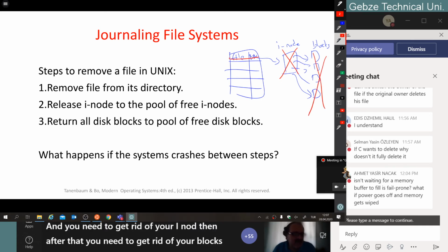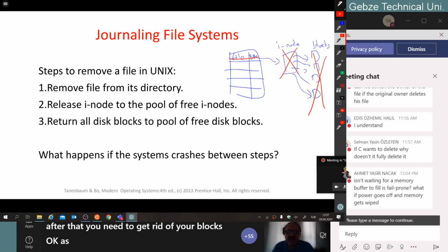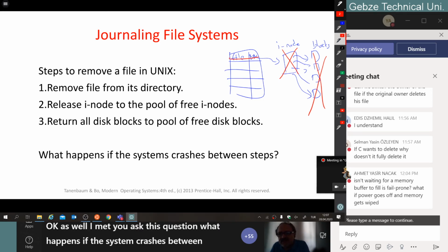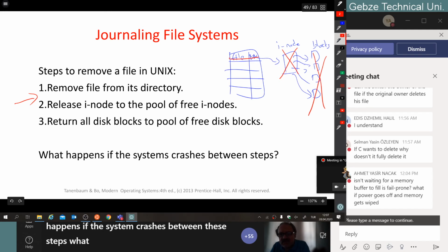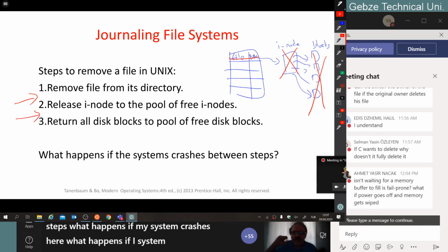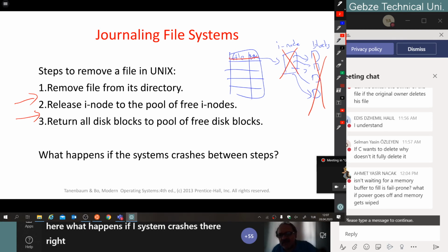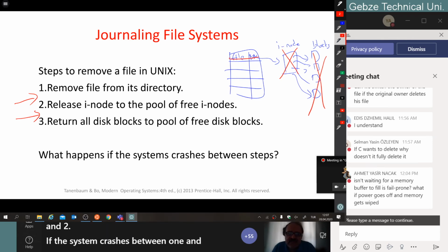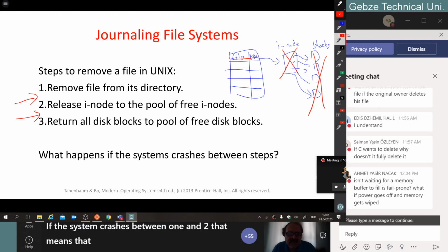Okay? So Ahmet Yasir's question: what happens if the system crashes between these steps? What happens if my system crashes here? What happens if my system crashes there, right? If the system crashes between 1 and 2, that means I will not see that file in my directory listing, but its inode will be a garbage inode.